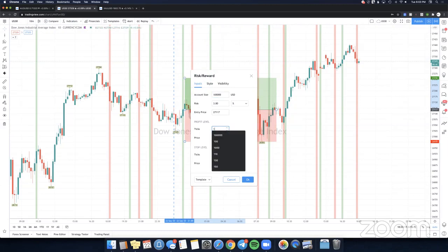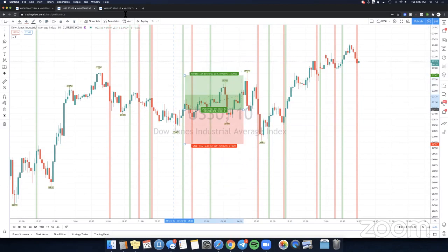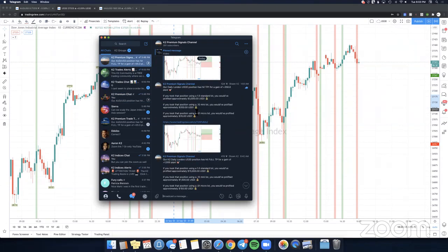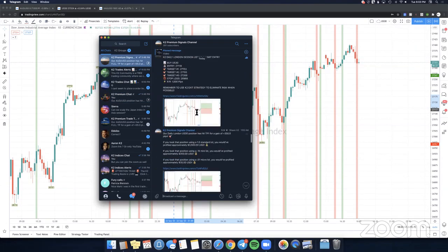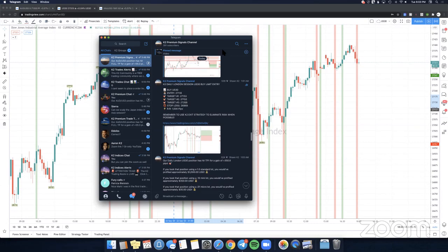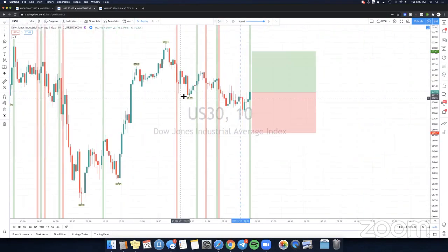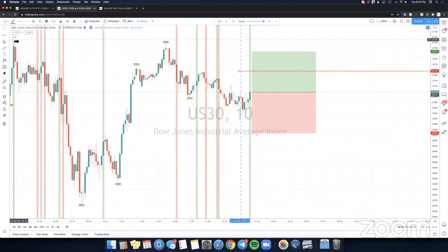Depending on how many TPs there are, I think for this one there's 3 TPs. So the way that this is applied is, I'm just going to eyeball where the TPs are. I think there was one up here, and then one somewhere down here.